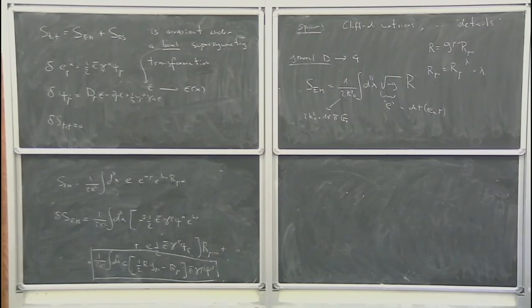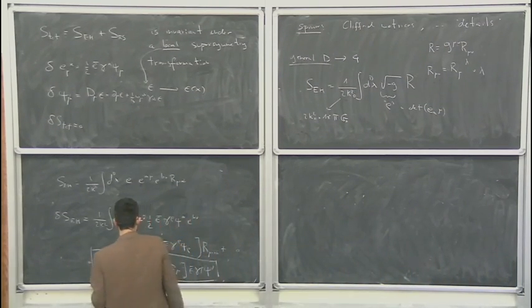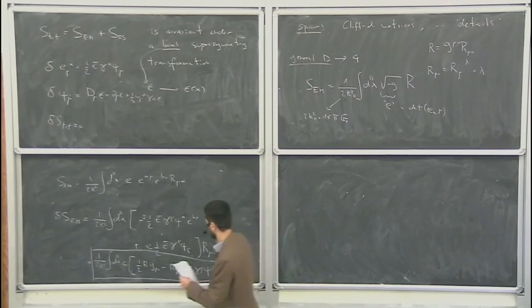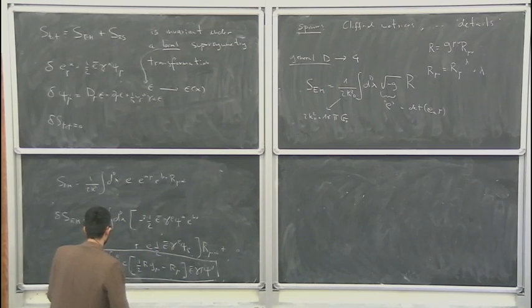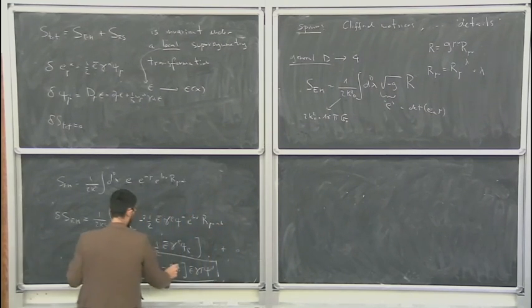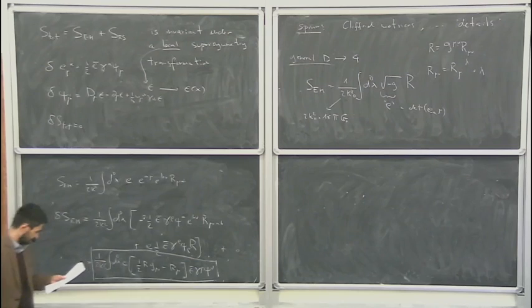Yes, I missed some indices. I compactified the expressions too quickly. So let's write it in this way. μ ν a b, and I think if I put an r here, it should be fine.